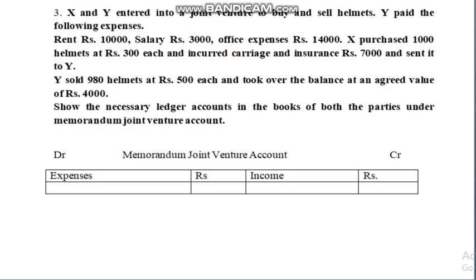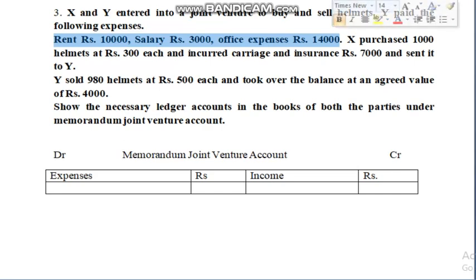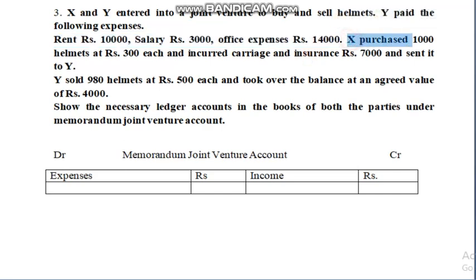Y paid the following expenses: rent 10,000, salary 3,000, office expenses 14,000. These are the expenses which were paid by Mr. Y. The next one, X purchased 1,000 helmets at rupees 300 each, and incurred carriage and insurance of rupees 7,000.